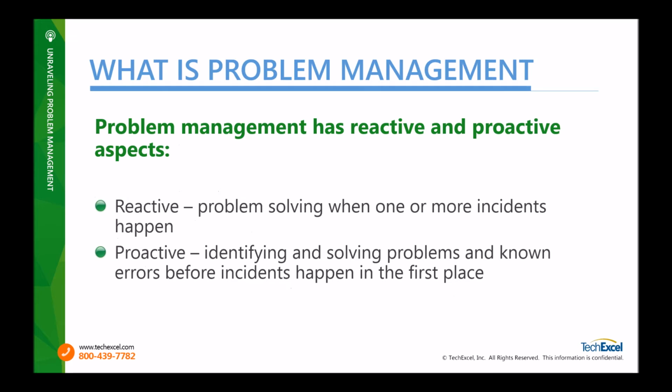Before I describe what problem management is, let me give you a quick refresher on what incident management is. Incident management really deals with trying to solve issues with the quickest turnaround. It's a process that's aimed to restore service as soon as possible, whereas a problem, on the other hand, is figuring out the unknown underlying cause of one or more incidents.